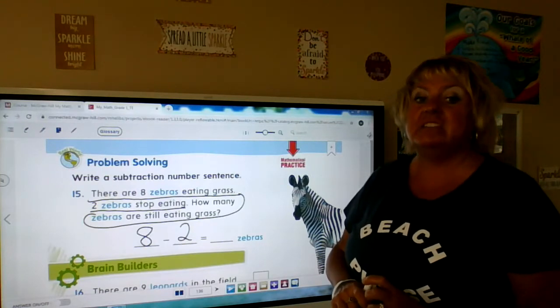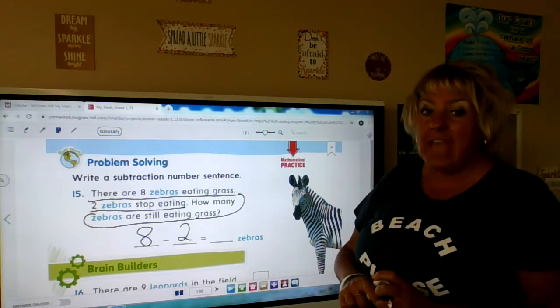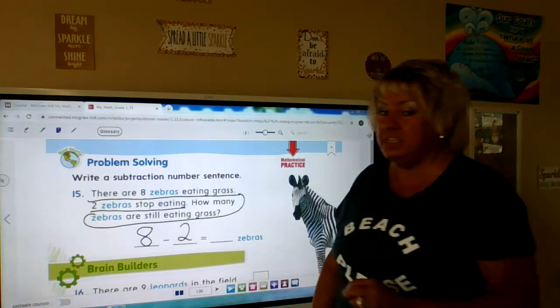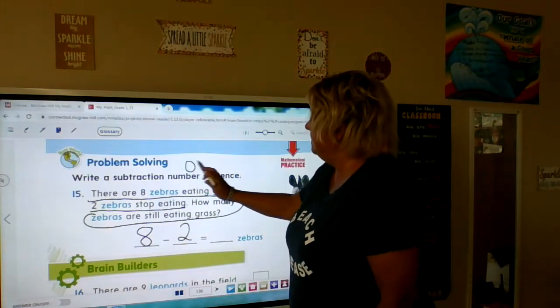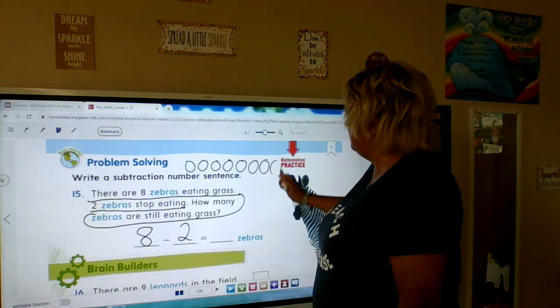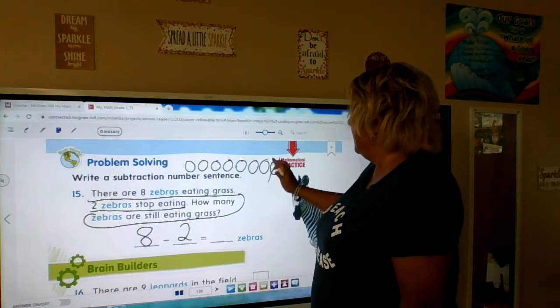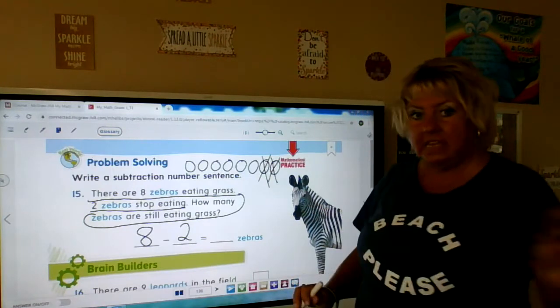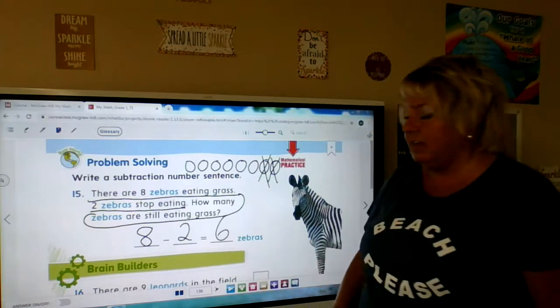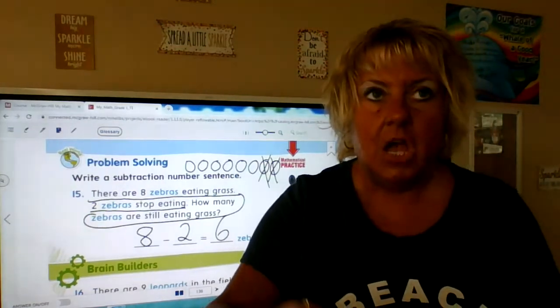The difference from 8 minus 2, the difference is 8 take away 2. Well, I could draw 8 circles, or I could use my counters. Then I can cross off 2 or take 2 away, and I'm going to have the answer of 6.